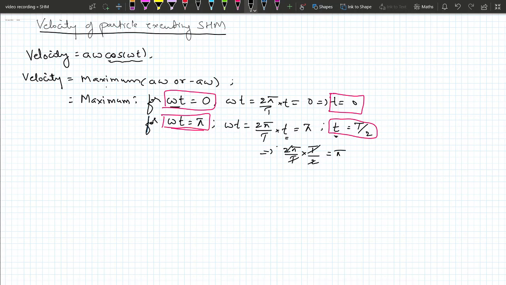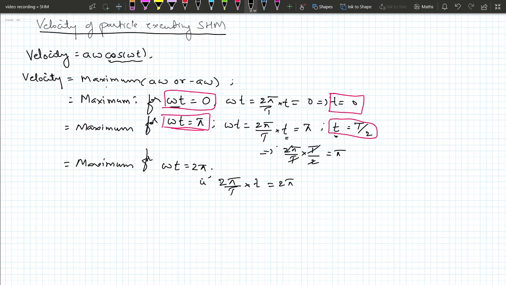Similarly, go for the third condition. It is maximum for omega t equal to 2 pi. So I have to find its equivalent. Omega is 2 pi by capital T, so I can rewrite it as 2 pi by capital T into t should be equal to 2 pi.